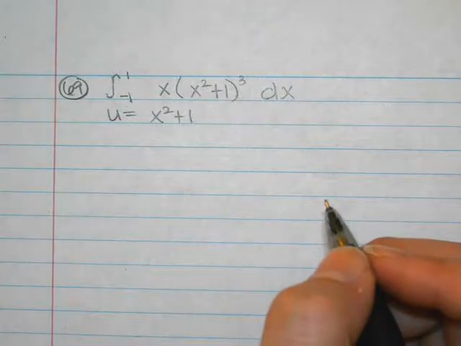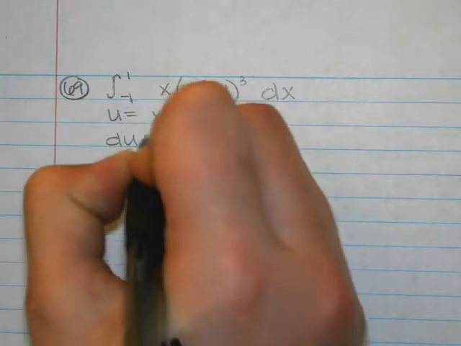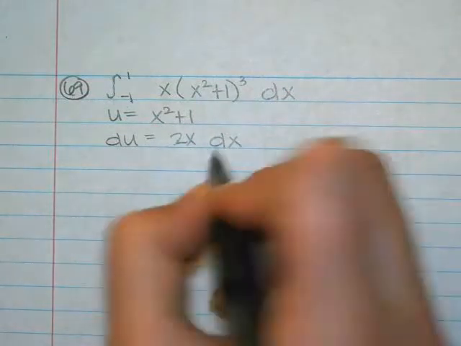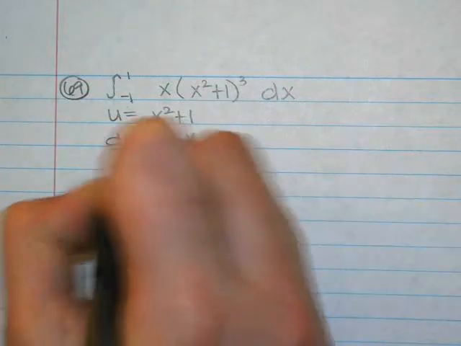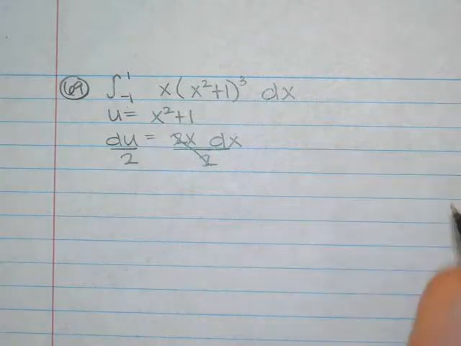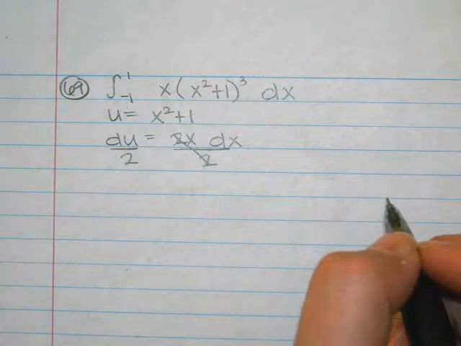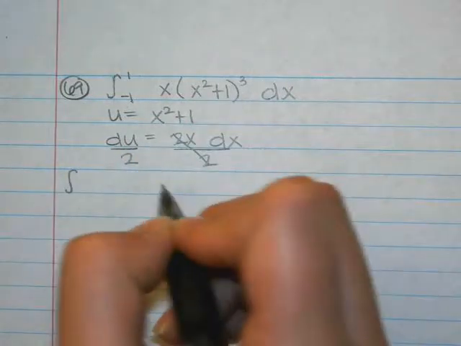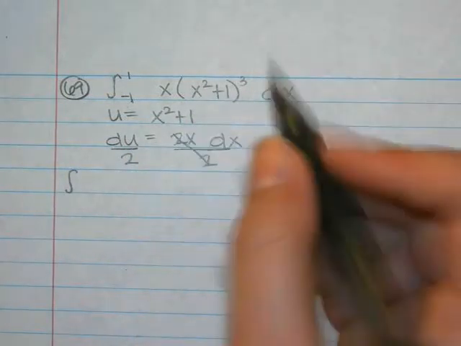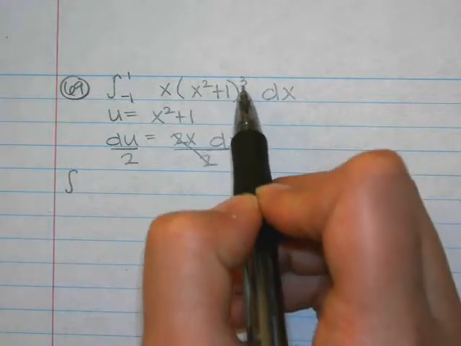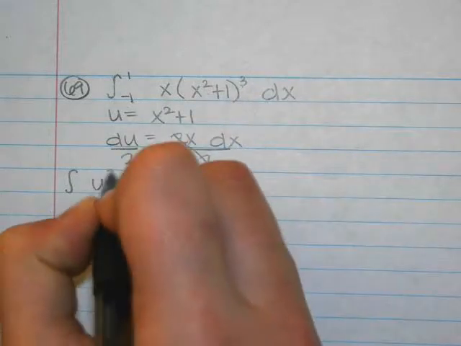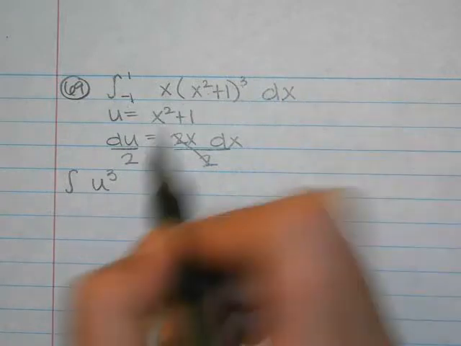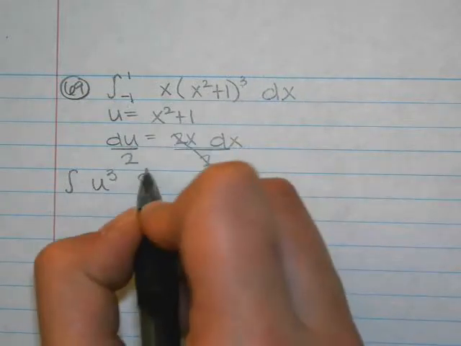Du equals 2x dx, so x dx is du divided by 2. Okay. So I'm going to say that I've got u to the third, and then the x and the dx are represented by du over 2.